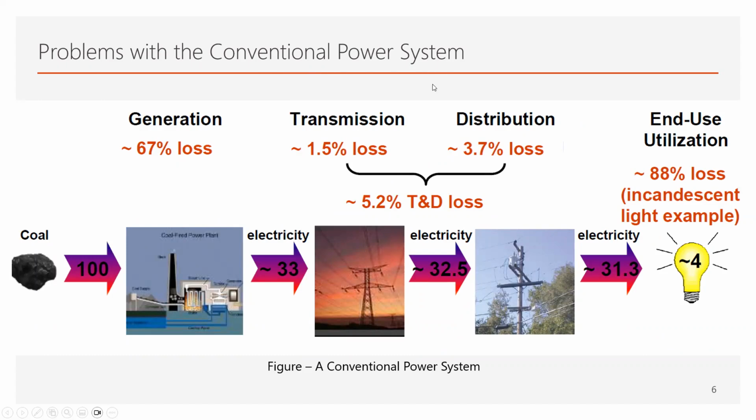Problems with the conventional power system. I told you there are many power plants still today that use coal to generate electricity. In a conventional power system, generally speaking, in a generating plant where coal is the fuel source, if 100% coal is given here, 67% will be lost and only 33% electricity will be produced.